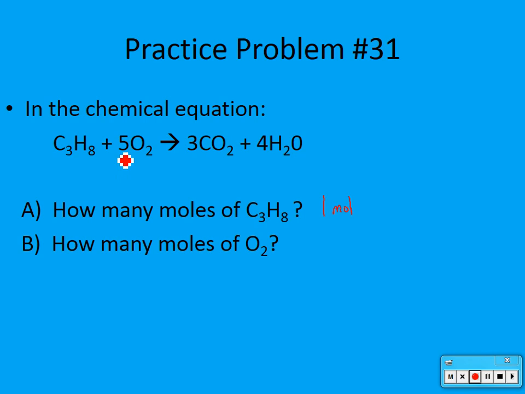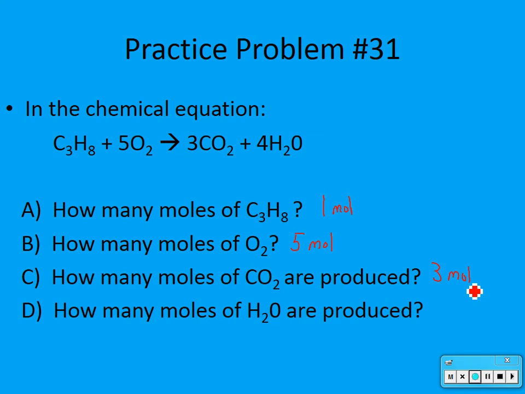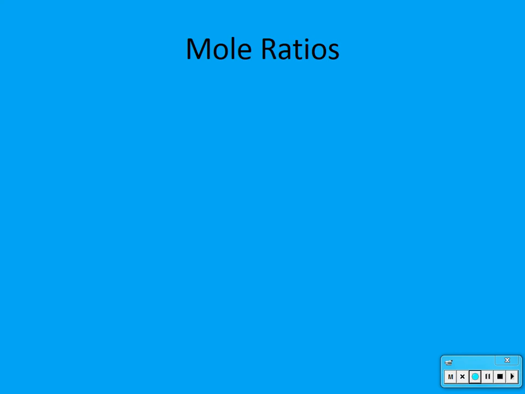Well, we have a 5 as a coefficient, so we have 5 moles of oxygen. How many moles of CO2 are produced? We see a 3 as a coefficient out here, so that means 3 moles. And D, how many moles of water are produced? We see here we've got 4 as a coefficient, so 4 moles of water are produced.